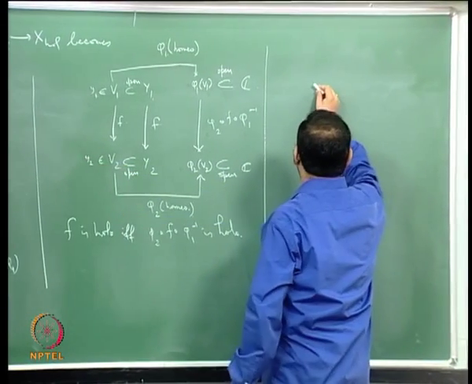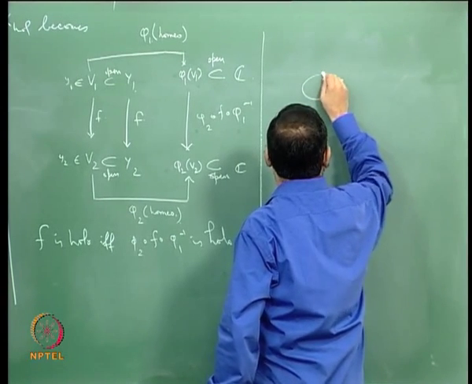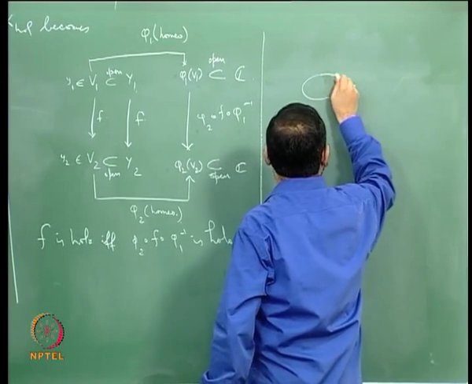So what is happening is I have this shaded neighborhood, so let me redraw that diagram there.